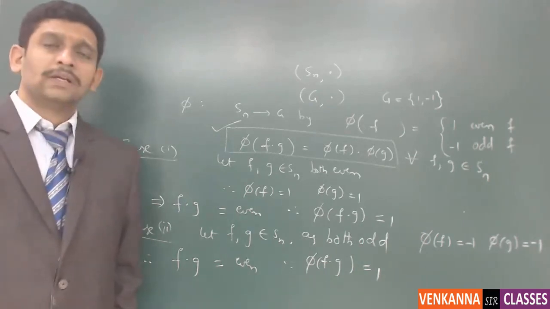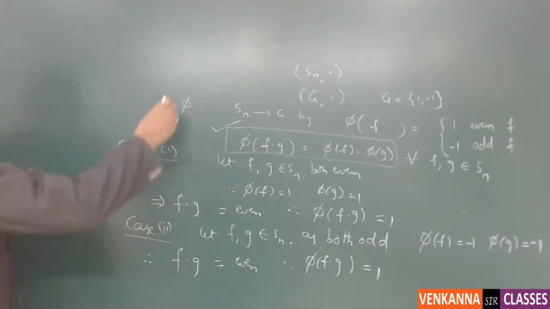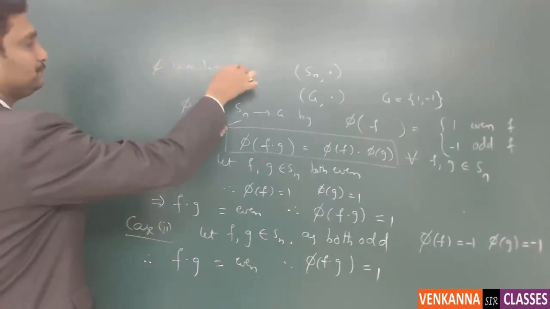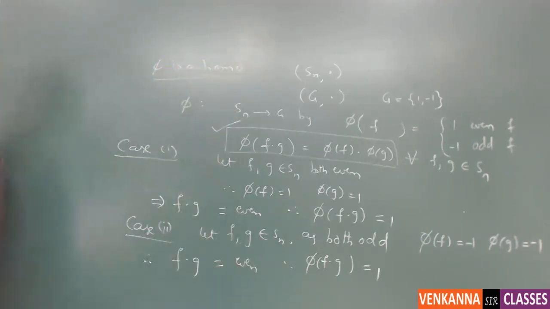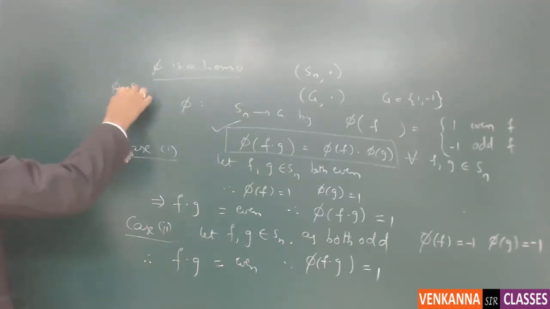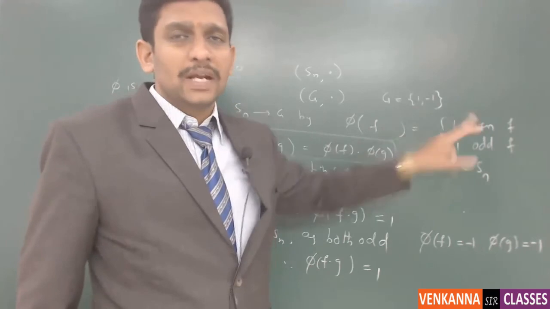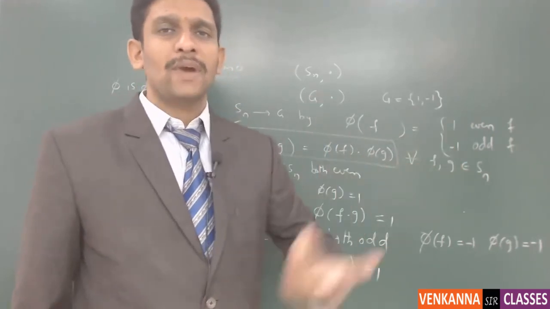So, therefore, phi from Sn to G is a homomorphism. And by default, phi is onto, because the codomain contains only two elements, 1 or -1.